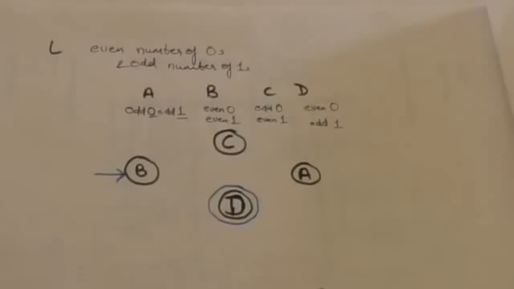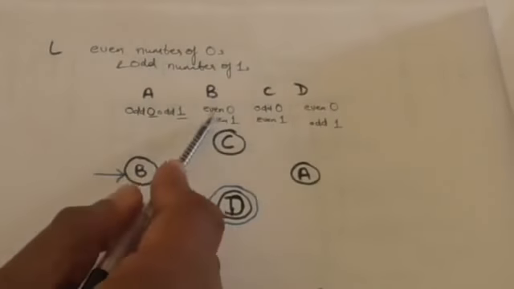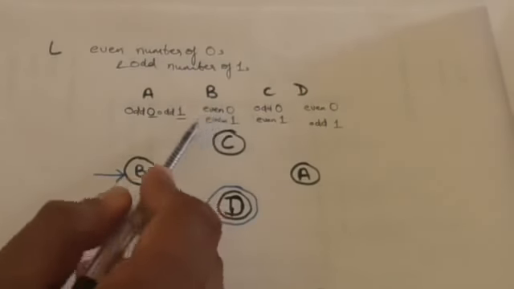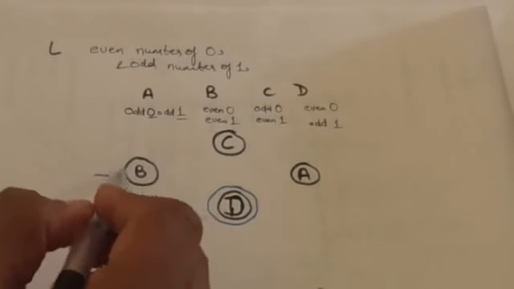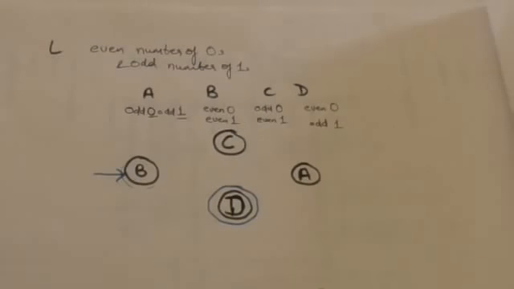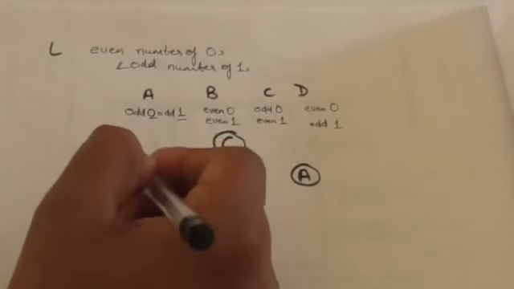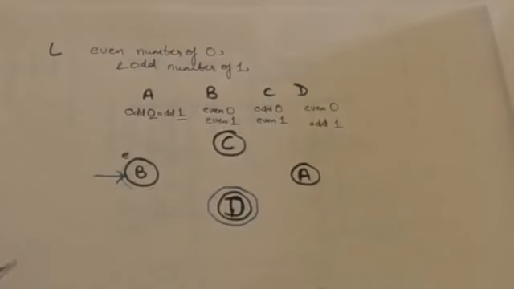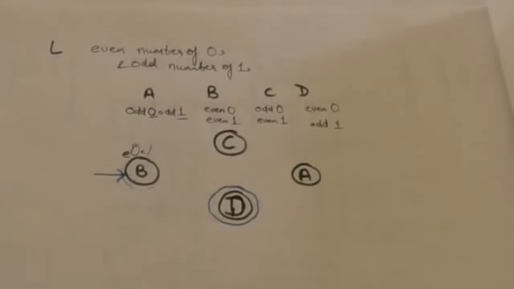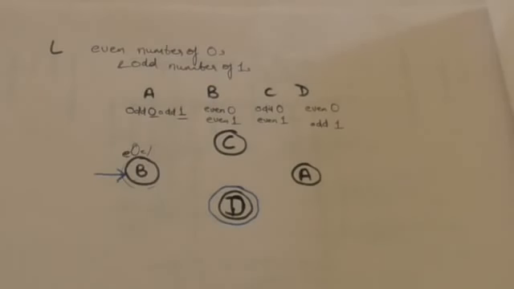Now when we apply any string which has an even number of 0s and an even number of 1s, the machine will be in state B. Now we have to find its transitions. When the machine is in state B, it has already read a string which has an even number of zeros and an even number of 1s. When it reads 0, the number of zeros in the string it has read becomes odd.